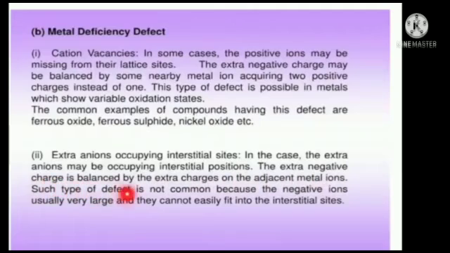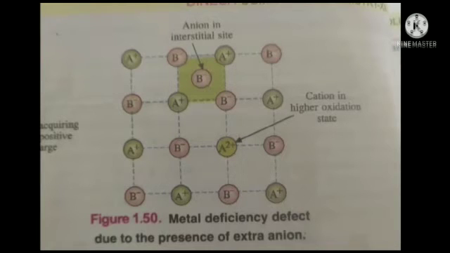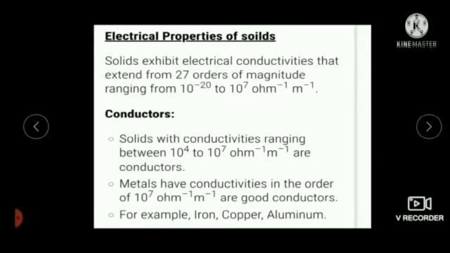This type of defect is not common because the negative ions are usually very large and cannot easily fit into the interstitial sites. We discussed defects. Defects are mainly classified as point defects and line defects. In this chapter, you only have to study point defects and their classifications.